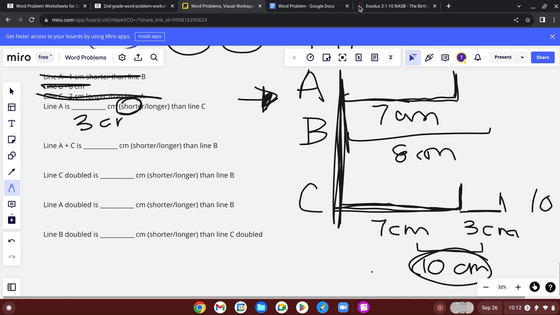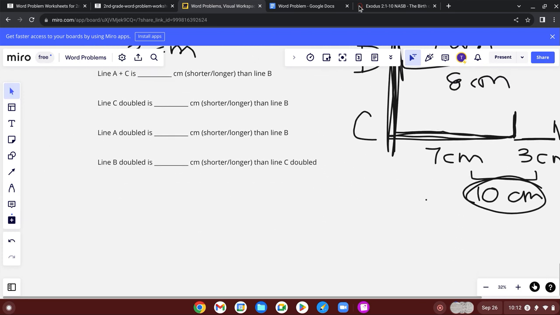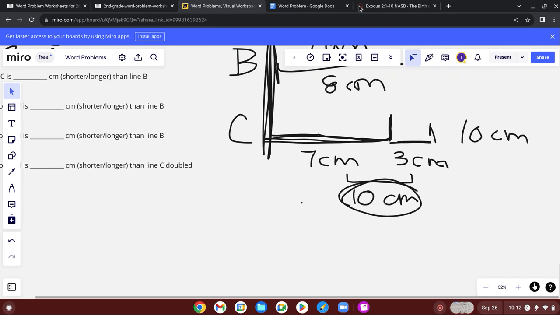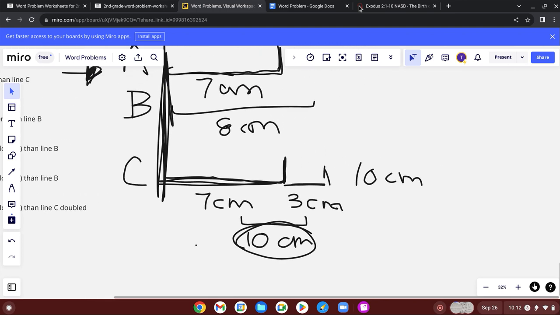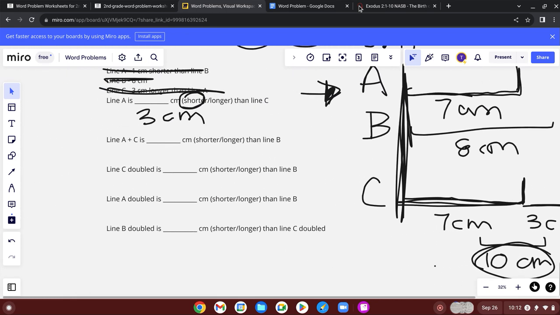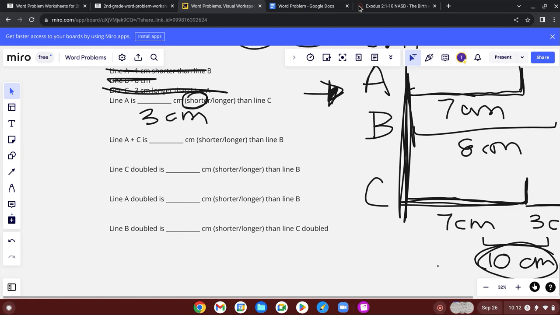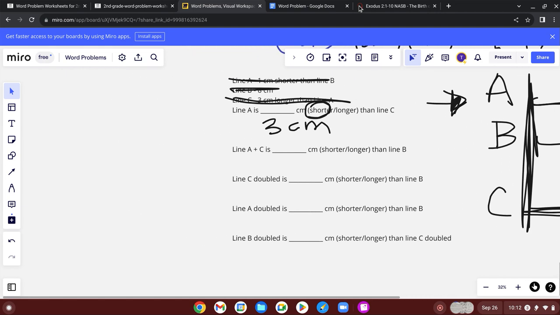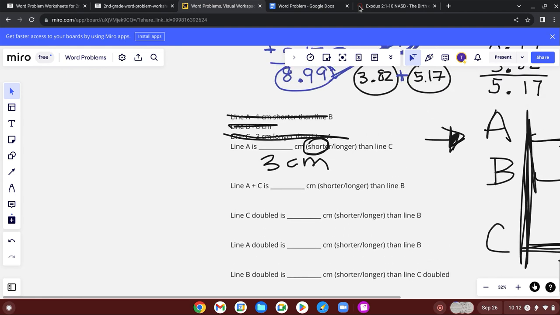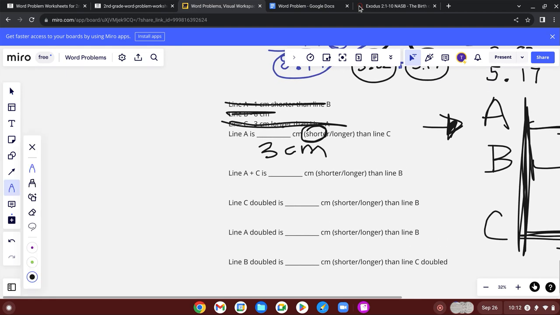And how we do that, we are comparing. So when we compare, what do we do?